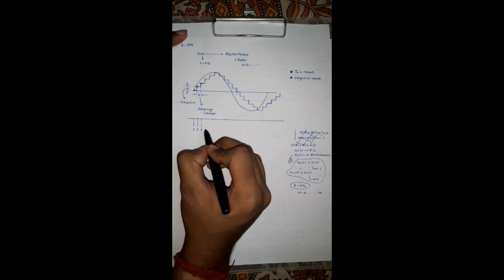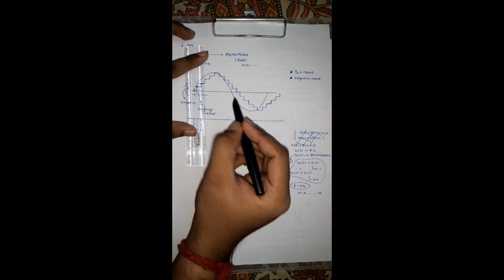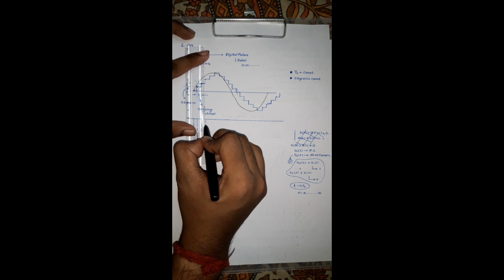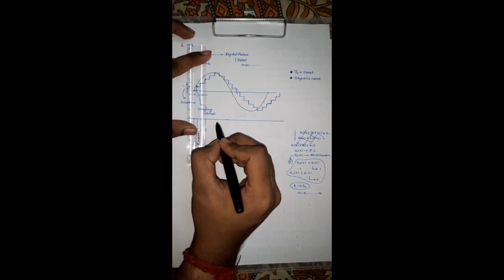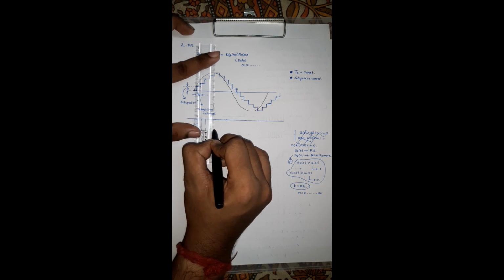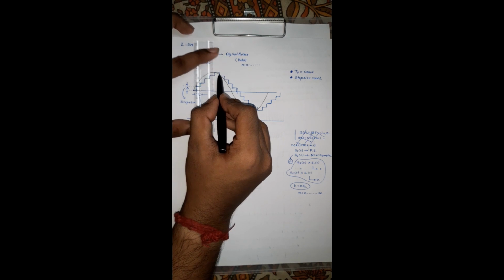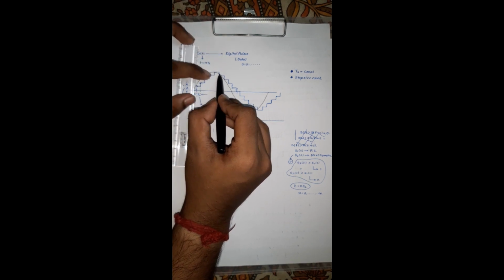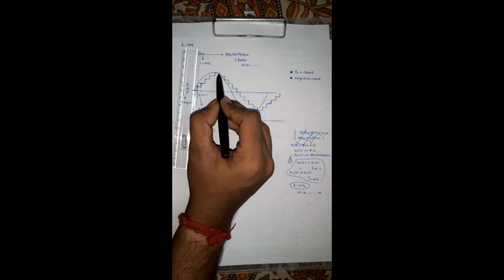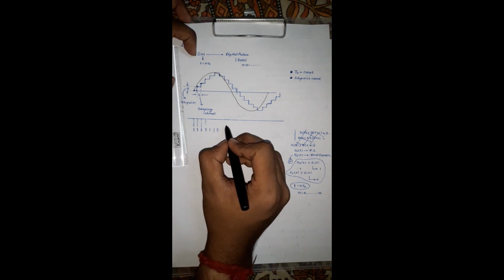Now in this way, whenever the present sample value is greater than the previous one, this will generate a 1. That means here a 1 will generate, here also a 1 will generate, and when the present sample value is less than the previous sample, you can see that this sample value is below it, then a 0 will be produced.